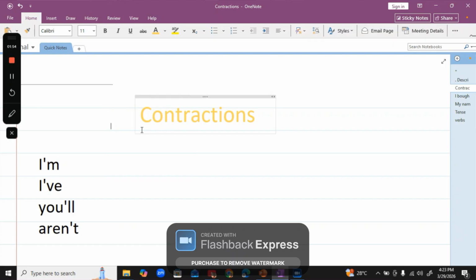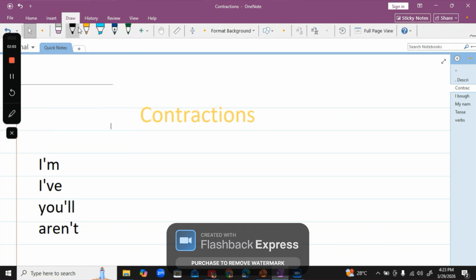Contractions. So, boys and girls, can you think of what the meaning of this word contraction could possibly be? When I say contraction, what could be the meaning of this word? Just try to answer, give the responses by yourself while watching the video.